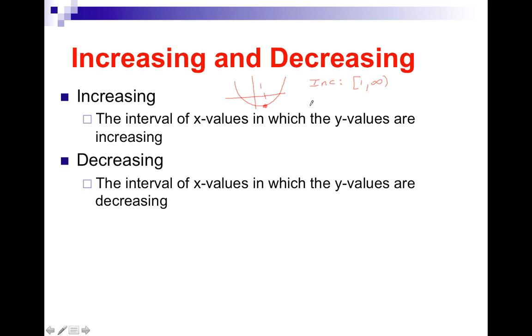And if I continue this, it's also decreasing from -infinity to 1. So you notice the function is going up after x equals 1, and it's going down before. Remember, we read from left to right. So going from the left here, it's decreasing, and then it starts to increase, and it's all based off that vertex.